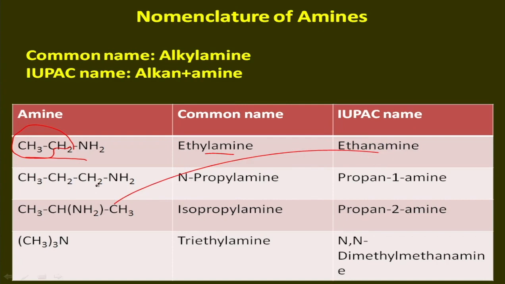Second one, CH3CH2CH2NH2, is n-propylamine, IUPAC name propane 1 amine. Third one, isopropylamine, propane 2 amine. Now N with 3 CH3 groups is trimethylamine, or N,N-dimethyl methane amine.